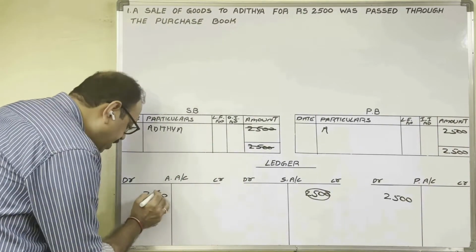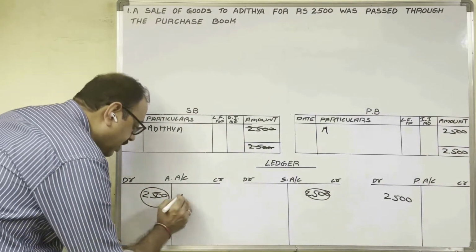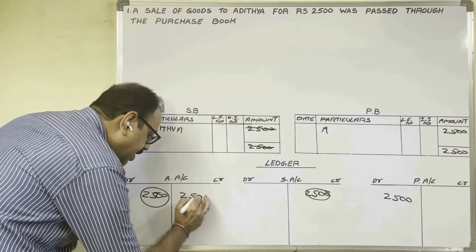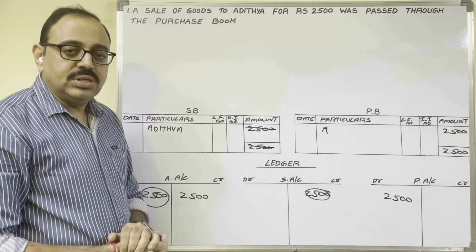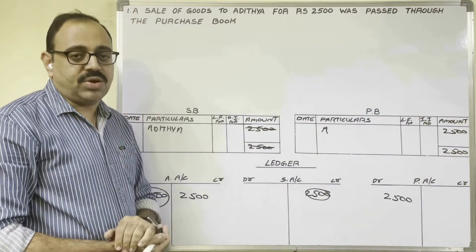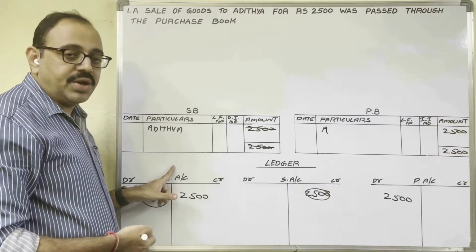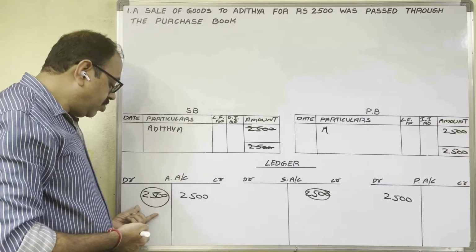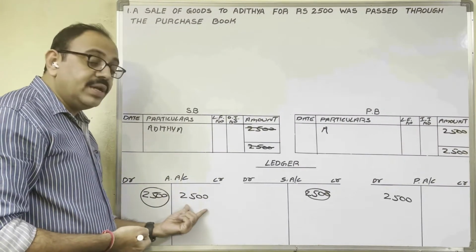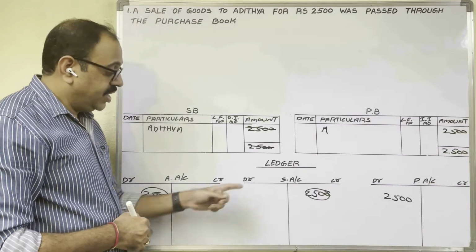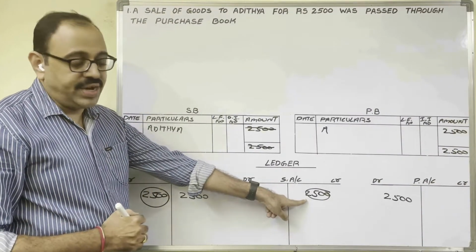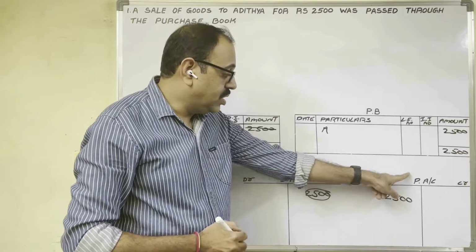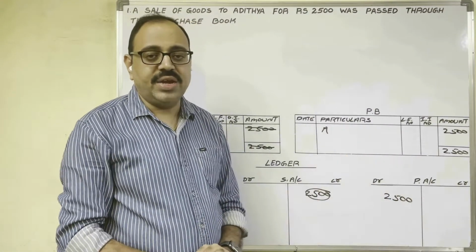So instead of debiting 2500 in Aditya, they credited 2500 in Aditya's account. So mistakes are in three accounts. In Aditya account, instead of debiting 2500, accountant credited 2500. In sales account, they did not credit 2500. In purchase account, wrongly they debited 2500.